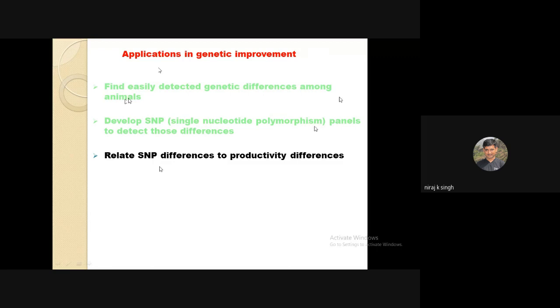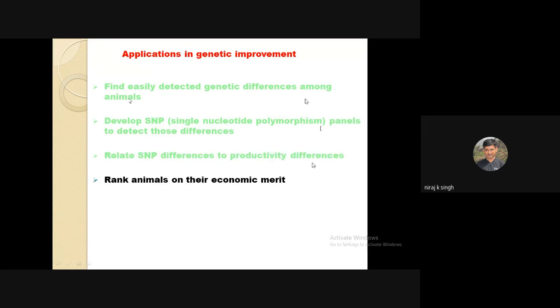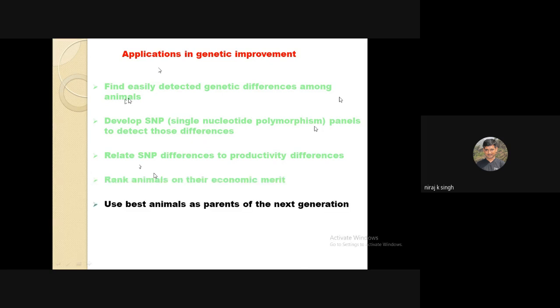So with these genes, we have to correlate whether these SNPs are related with the milk yield or not. So we can relate the SNPs with the production differences. After correlating SNPs with the production performance, we can select genetically improved animals for future breeding purposes.